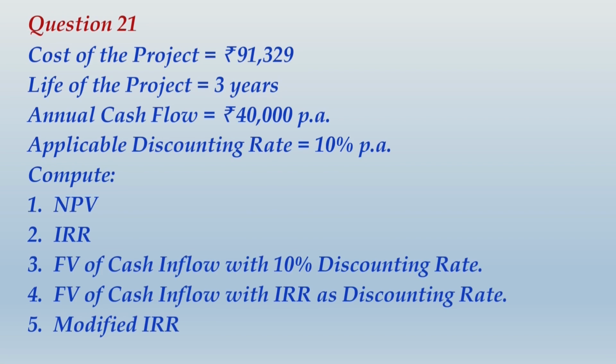The only new calculation for you is modified IRR. But instead of jumping directly into modified IRR, let us step by step look into the entire process, and once we are done with this question, we will also write up those shortcomings in the IRR method, which are made good by applying the concept of modified IRR.